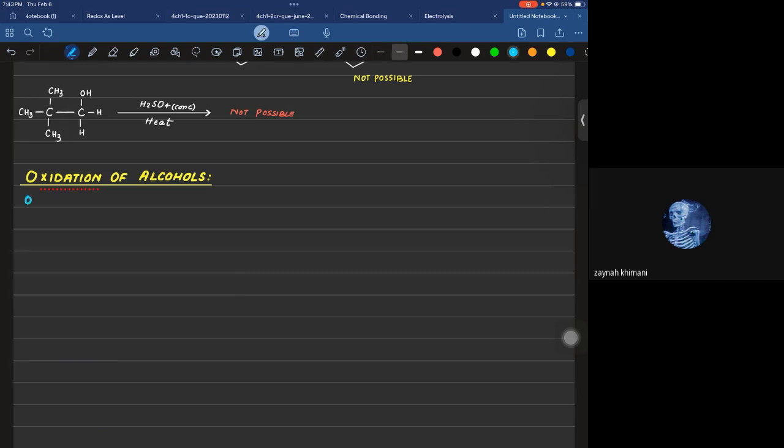So I told you in alkene that हमारे पास दो oxidizing agents होते हैं.